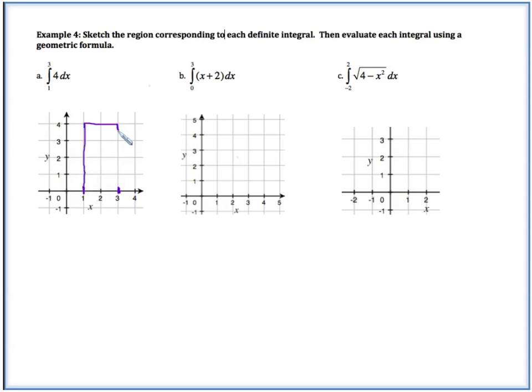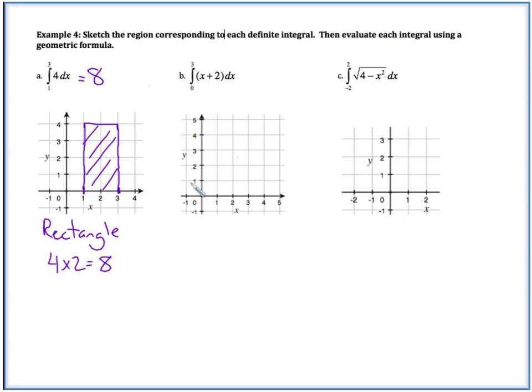Okay, so you can evaluate this definite integral by finding this area, and we can use geometric formulas to do this. And this is a rectangle, okay, and so it's just going to be 4 times 2, and so this area is 8, meaning this definite integral is 8.